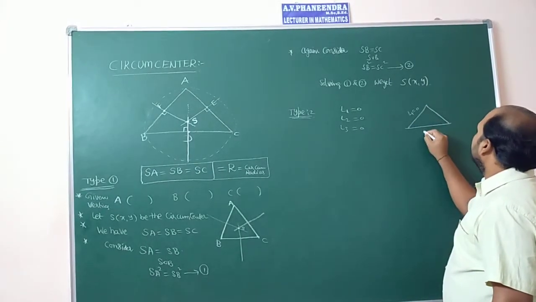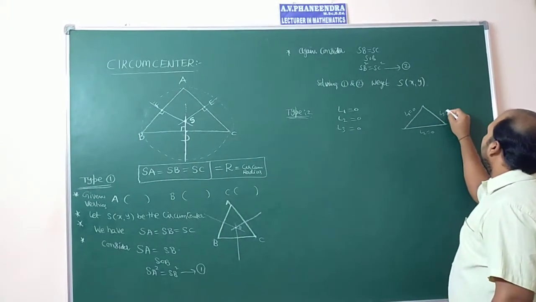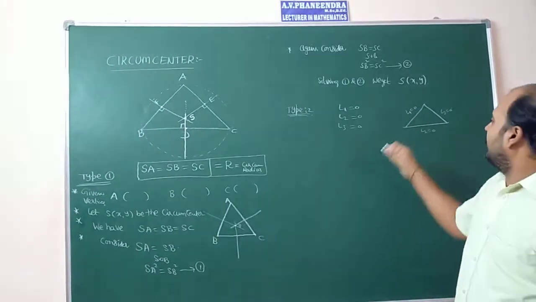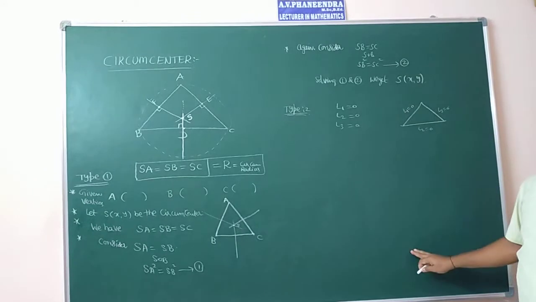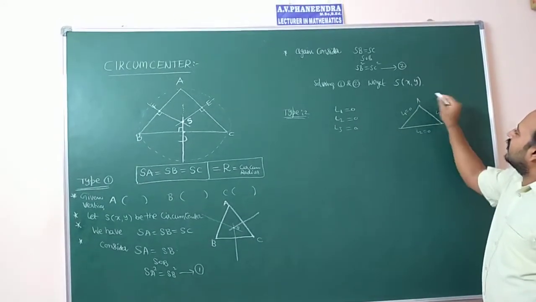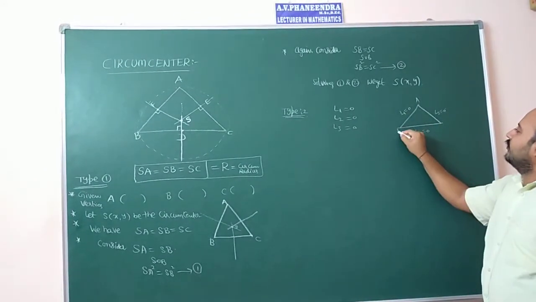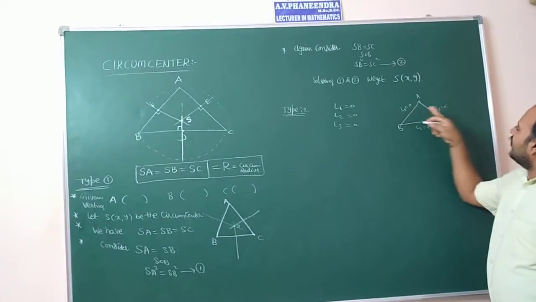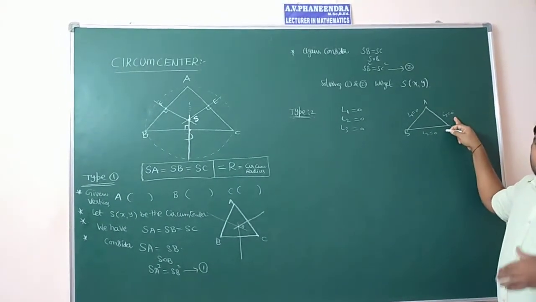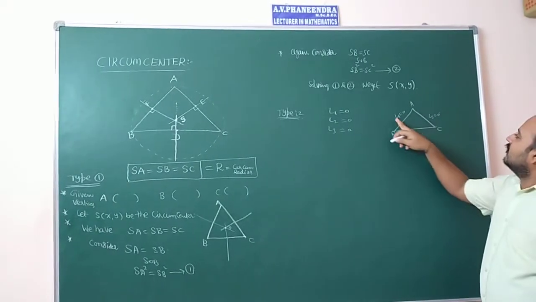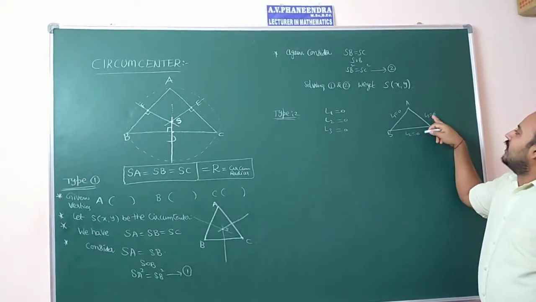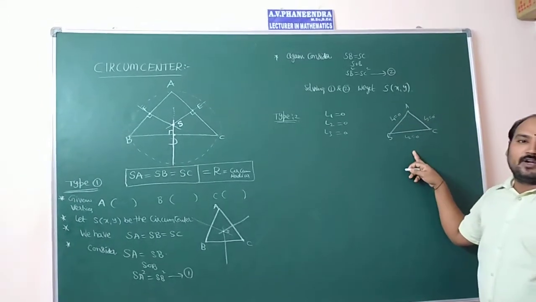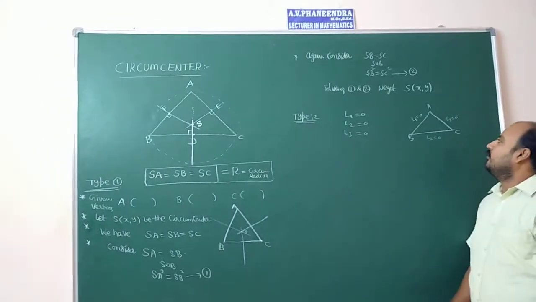First draw the rough diagram and write the lines on the respective sides. And if you want, you can give points A, B, C. Depending on your choice you can take L1, L3, L2 in any order.